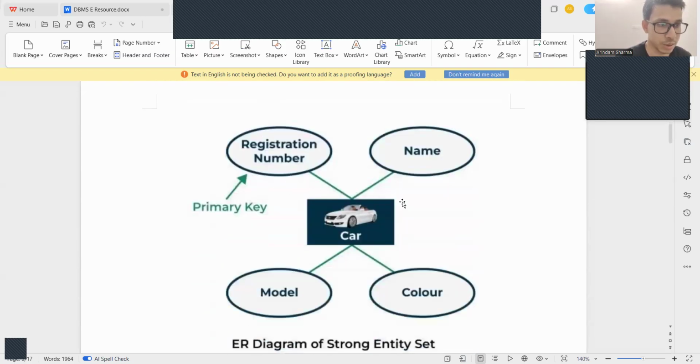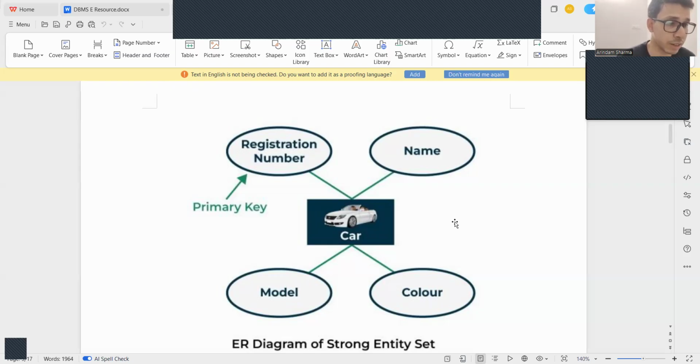So see this. This is a car. A car has a registration number. The car has a name. The car has a model, and also the car has a color. But the registration number is the primary key which uniquely identifies that particular car or vehicle. Let's take an example, say Hyundai Verna.